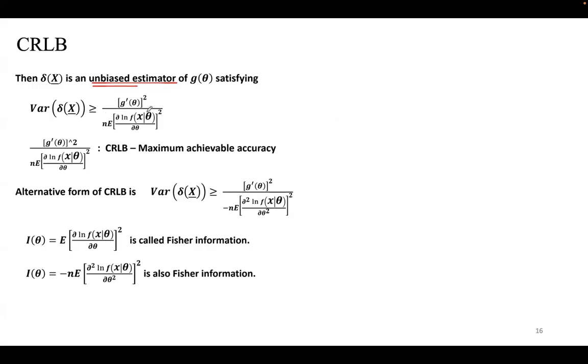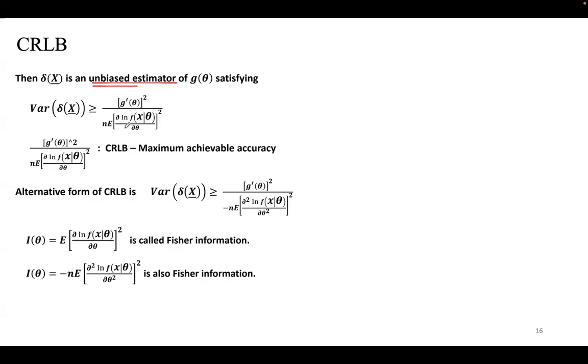The denominator is n multiplied by the expectation of the single differential of the log of the PDF itself, squared. Now this would seem very complicated. So let me go to one of the examples, and if it's still not clear, we will rediscuss this.